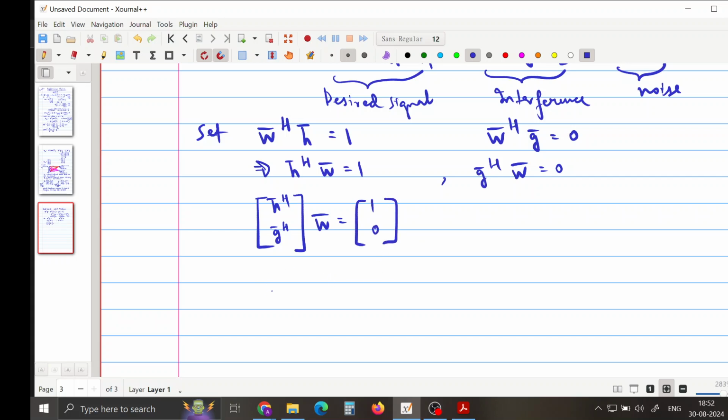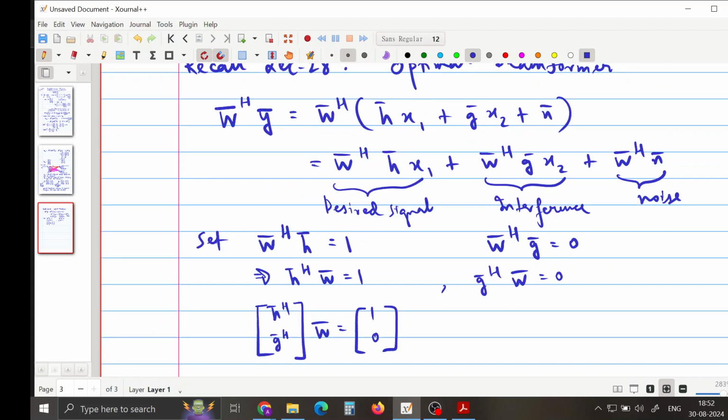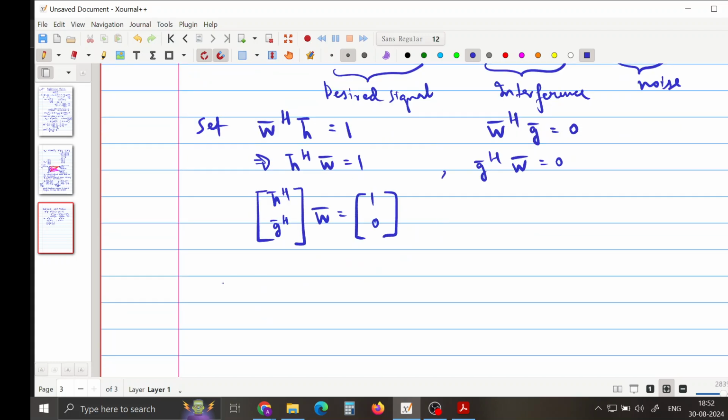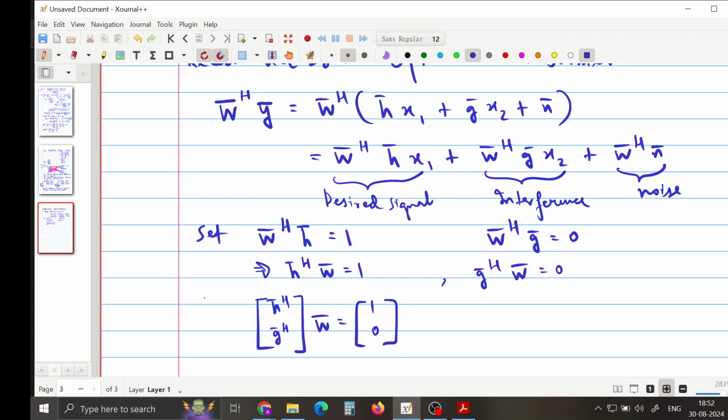So this is where the 1 and 0 are coming from. The noise is intrinsically present, this noise component will be present. This is what the beamformer is doing: it is maximizing the gain, setting it to 1 for the desired part, and suppressing the effect of the interference by setting the gain for the interferer to be 0.